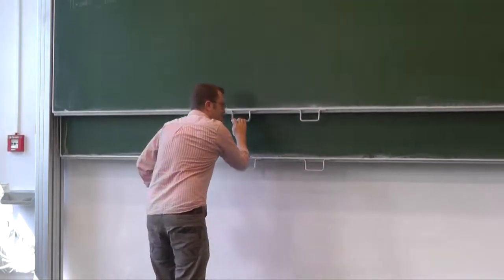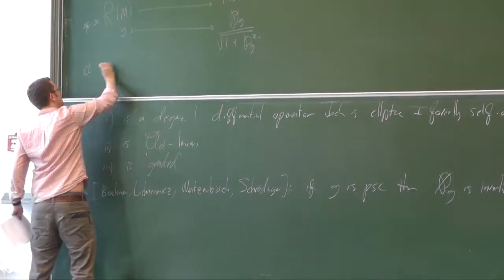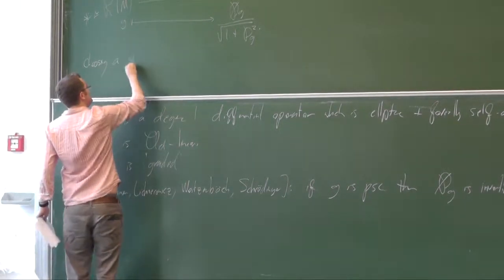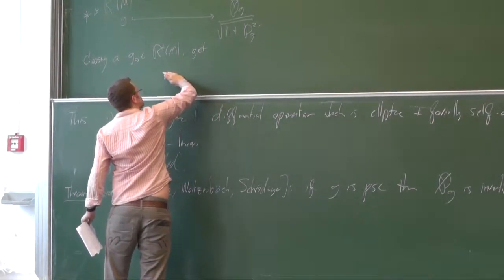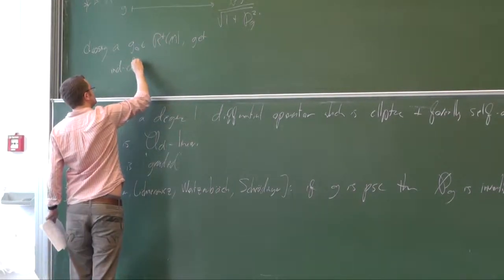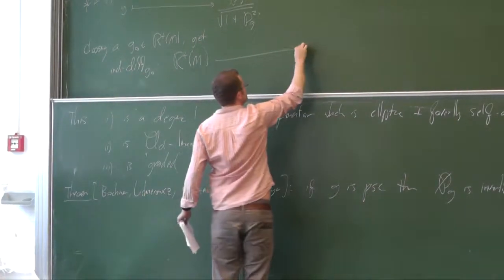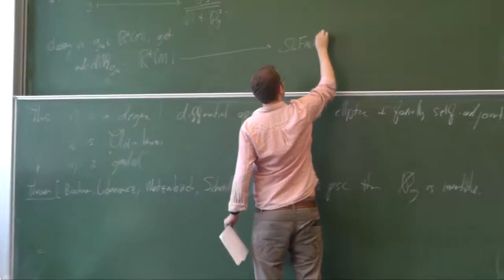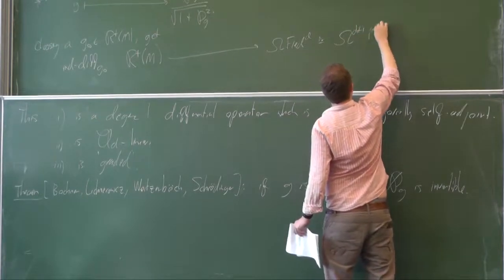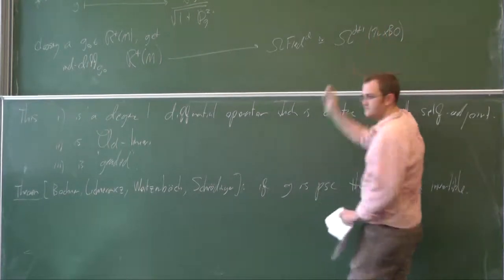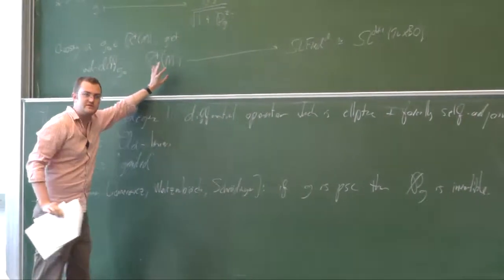So choosing a base point metric G0 in R plus of M, you get a map that's called the index difference based at G0 from R plus of M to loops on the space of Fredholm operators that are typically linear, and that's a model of the space loops D plus 1, D equals B. And we want to use this map in order to try to detect non-trivial homotopy in this space.